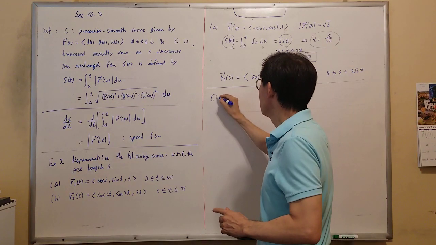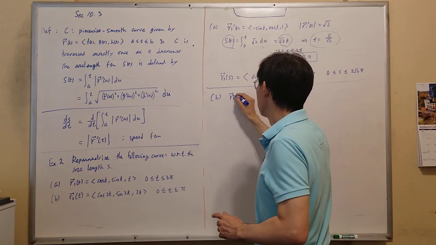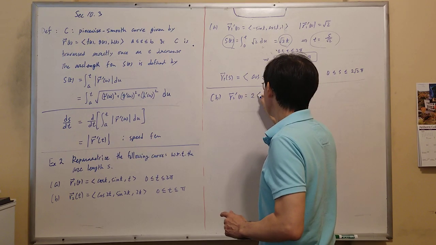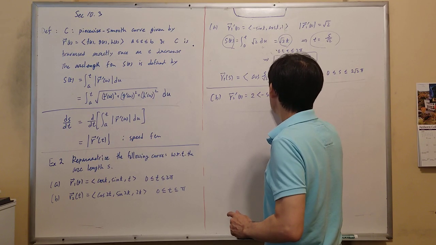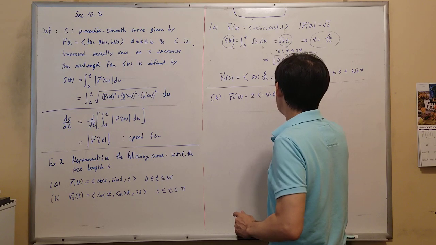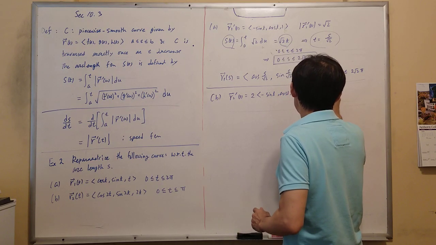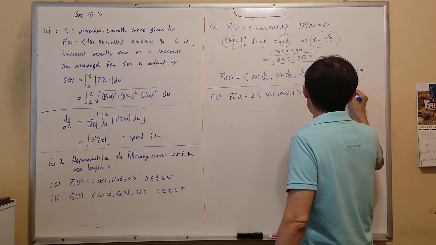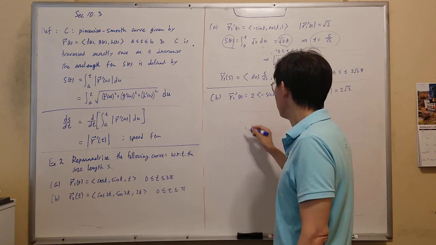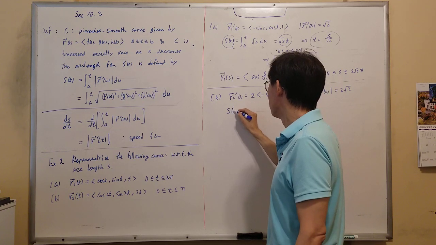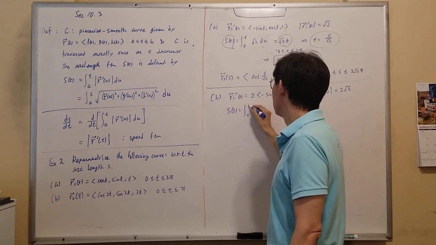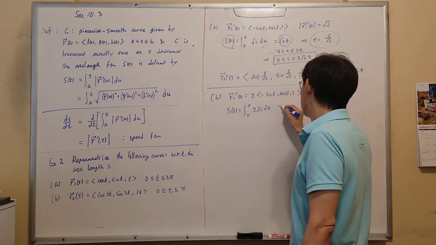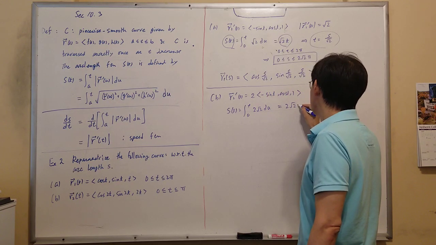Now, let's start with the second parameterization from the beginning. We learned that this was just twice this. So R2 prime of t, we already did that in the previous comment, right? And your s of t is the integral from 0 to t of 2 square root of 2 du, which is 2 square root of 2 t.